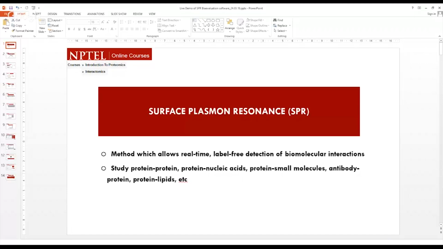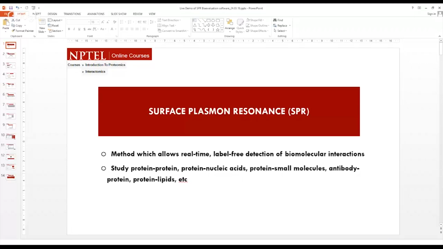So this is a sensorgram. It is nothing but when you plot response units versus time. And if you look at this sensorgram here, what is happening is in the beginning you are flowing only your running buffer over a chip where the ligand has already been immobilized.